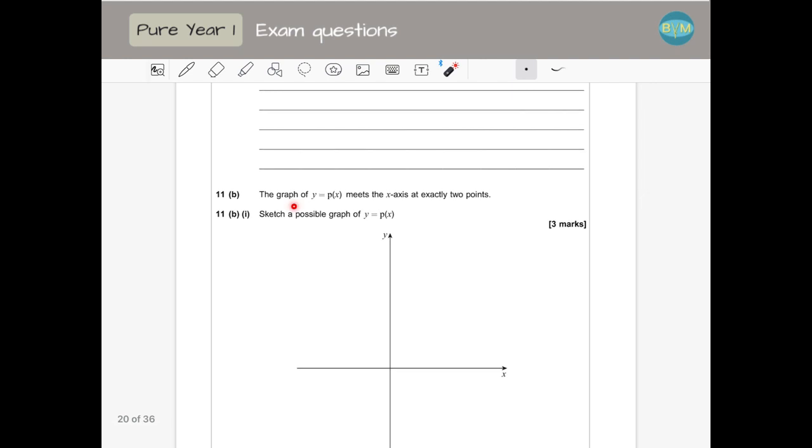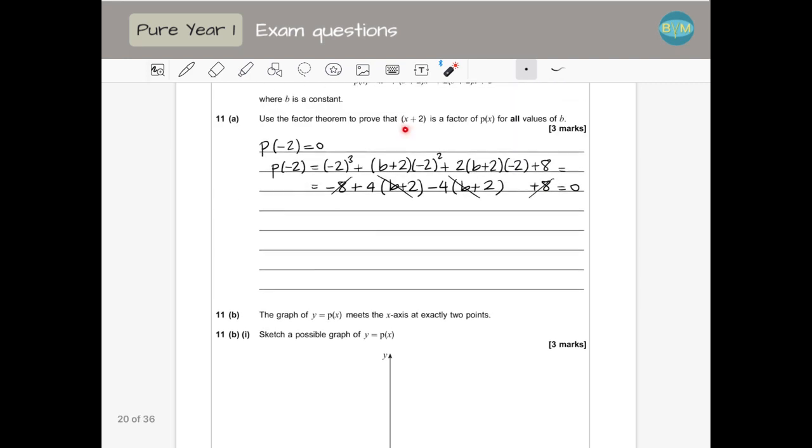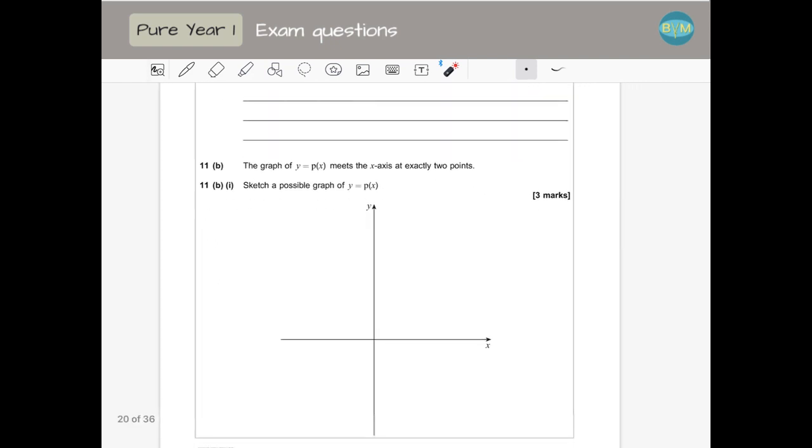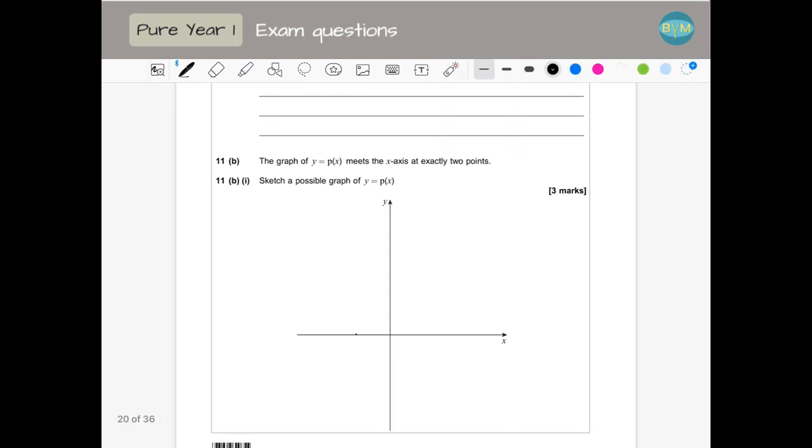Then, the graph of y equals p of x meets the x-axis at exactly 2 points. Sketch a possible graph of y equals p of x. So we know that one factor is x plus 2, which means one root is minus 2. So we know the graph is going to cut here at minus 2.